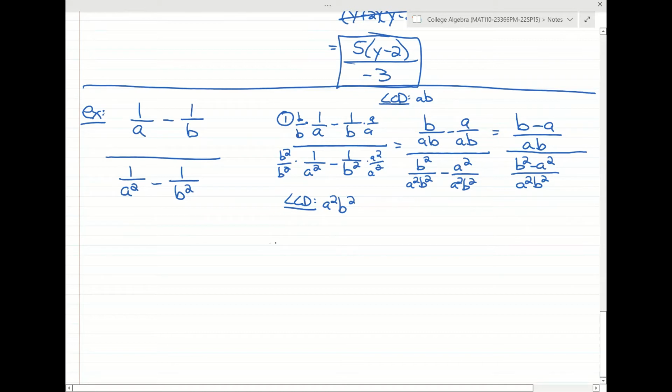We have one fraction on top, b minus a over ab, divided by the bottom, b squared minus a squared over a squared b squared, which we can write as multiplying by the reciprocal.